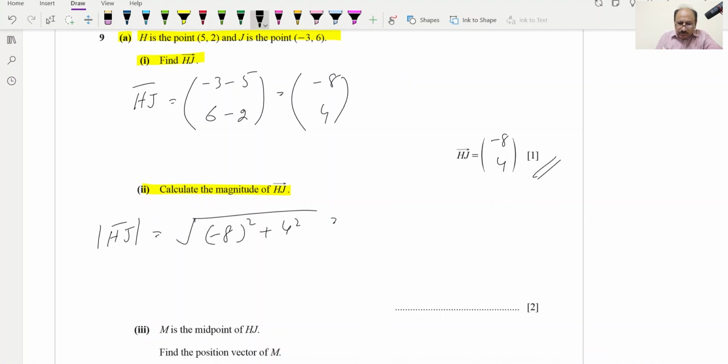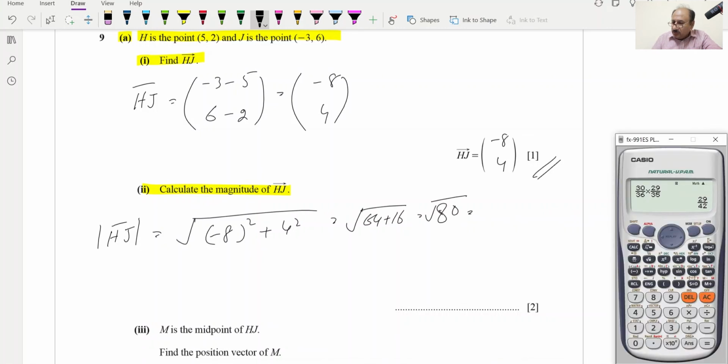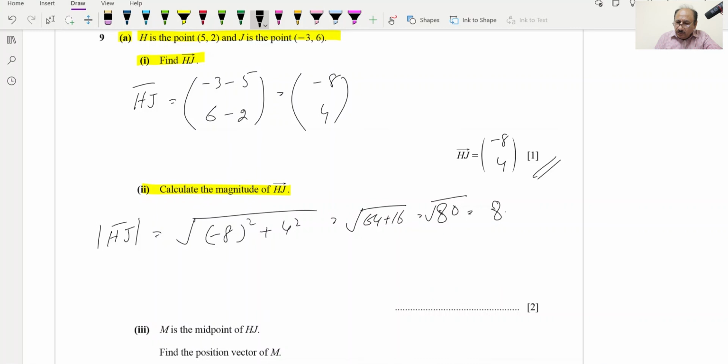So this will be equal to 64 plus 16, which is equal to root 80, which we can write in decimal. Root 80 will be what? The decimal value will be 8.94. So 8.94 will be the final answer.